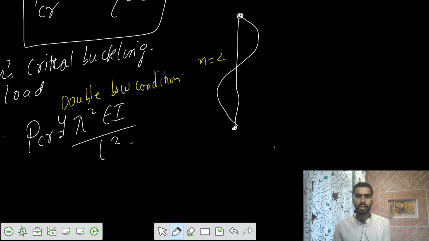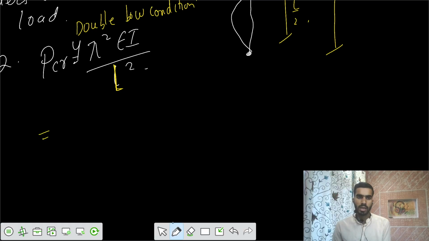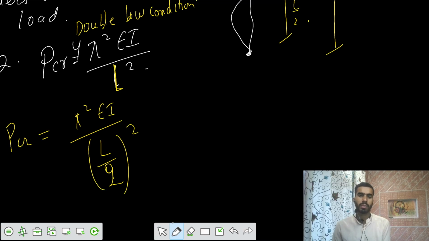So what's happening actually? The total length was L, and now the length has reduced to L by 2. So if I write the equation P_CR equals π²EI by L²/4, I would write it in terms of this (L/2) whole squared, such that it becomes L² by 4.